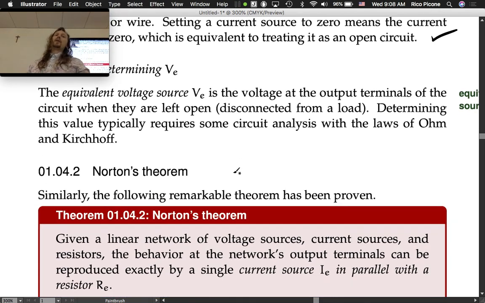Before we do an example, we'll do a Norton's theorem description because it's like the same exact thing, but with current sources.